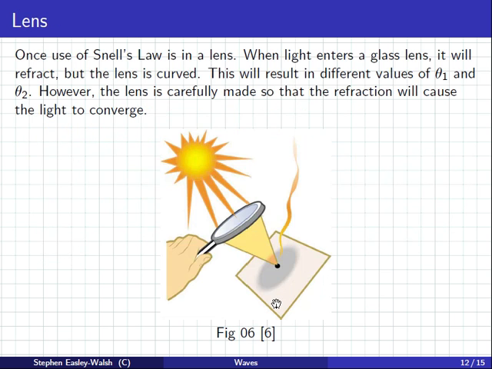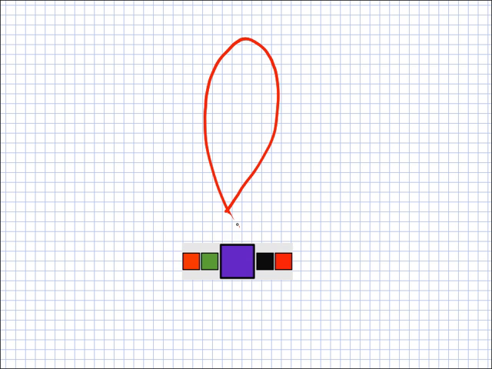Now, I'll explain this with my attempt at drawing the lens. My goodness. It's already gone pear-shaped. Okay. Now look. Imagine the light comes straight in.